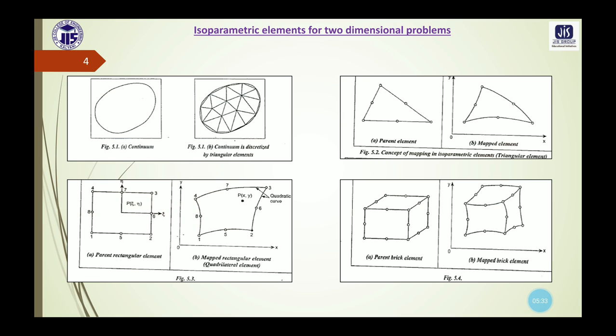In figure 5.2 you can see the concept of mapping in an isoparametric element.